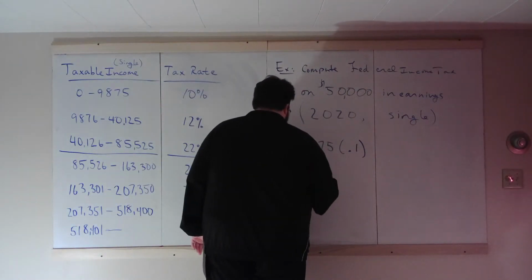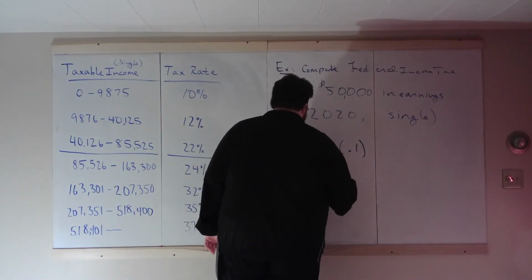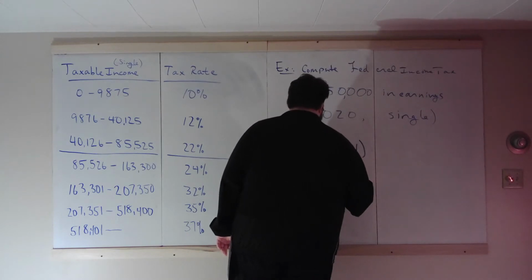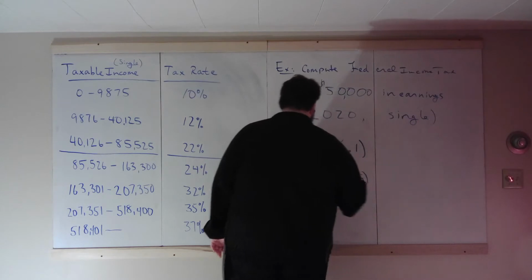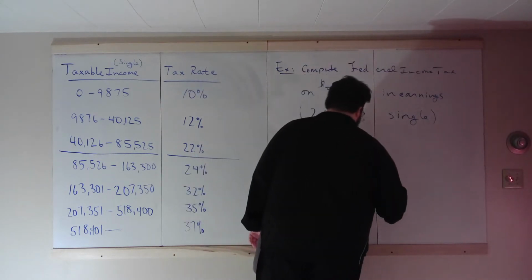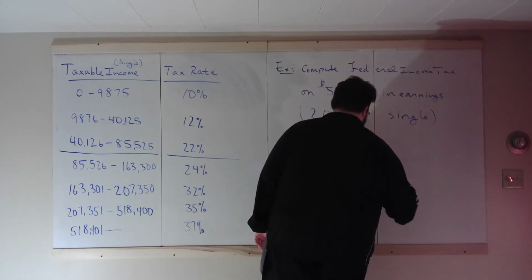So we have $40,125 minus the $9,875, and that's taxed at 12%.